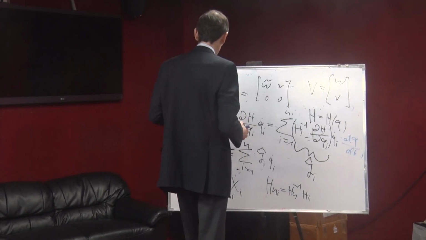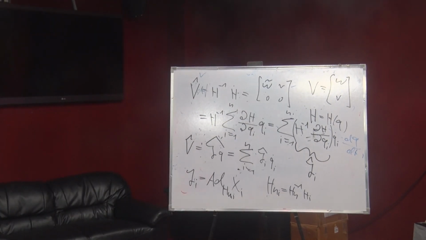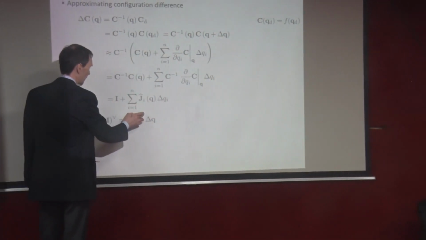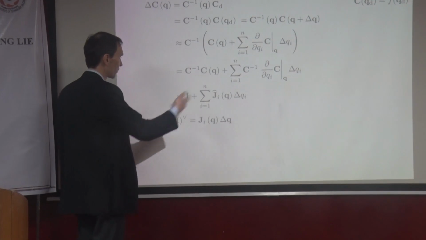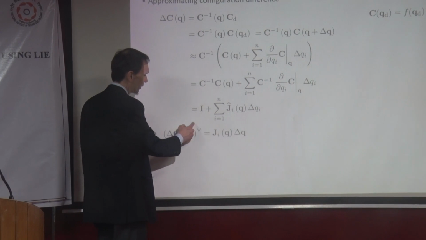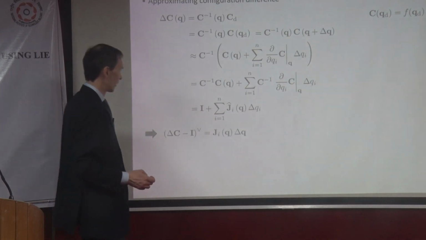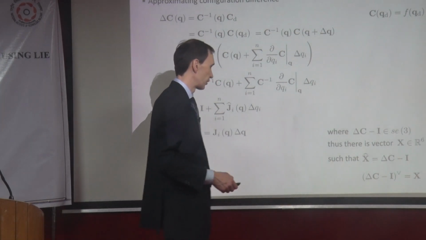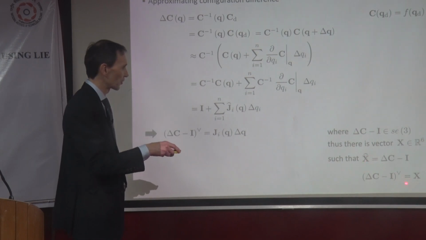So when you have a 4 times 4 matrix, the V operator is just the opposite, right? The delta C minus I is also a 4 times 4 matrix by definition, because everything is a 4 by 4 matrix. So I have a 4 times 4 matrix, and I extract by this V operation the corresponding 6 vector. And that's almost the end. You see, this is just the opposite operation.